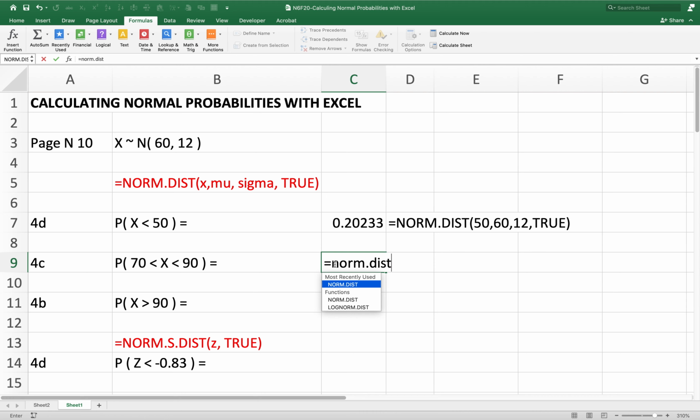And so then I'm going to put in equals NORM.DIST, left bracket. It's asking me for the x value.